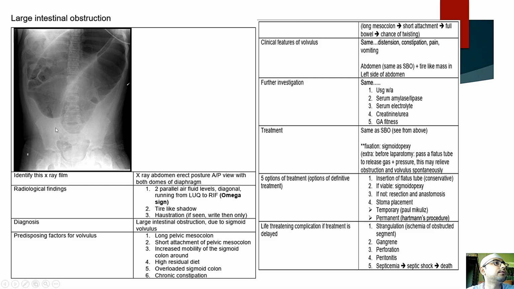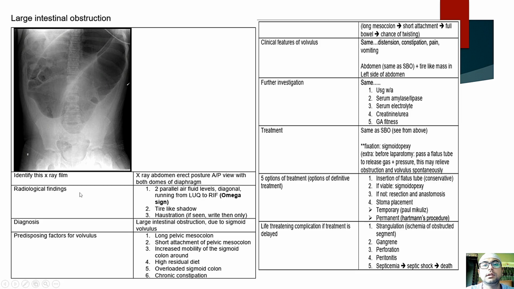There are two parallel air-fluid levels here. Please see here on the diaphragm. It is running from the left quadrant to the right iliac fossa. It is a tire-like shadow, and you can see whitish septation here. This septation means haustration.